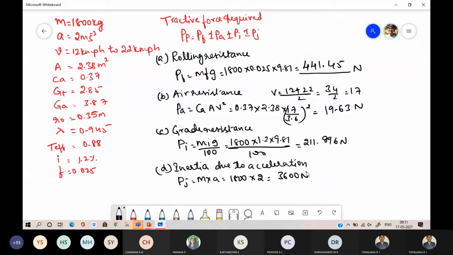Now tractive force, therefore Pt is equal to Pf plus Pa plus Pi plus Pj, which is 441.45 plus 19.63 plus 211.896 plus 3600.